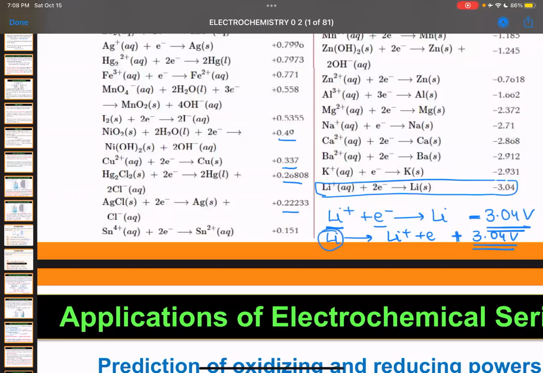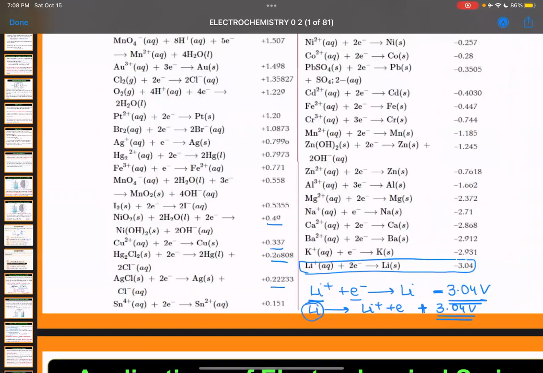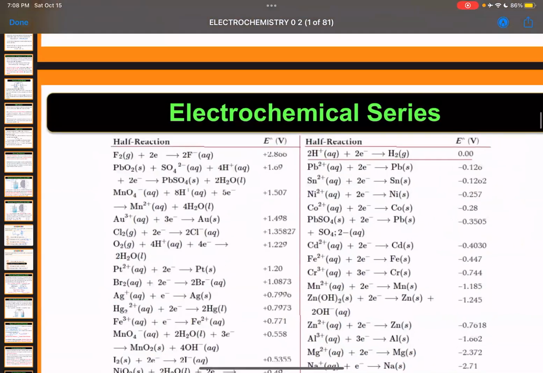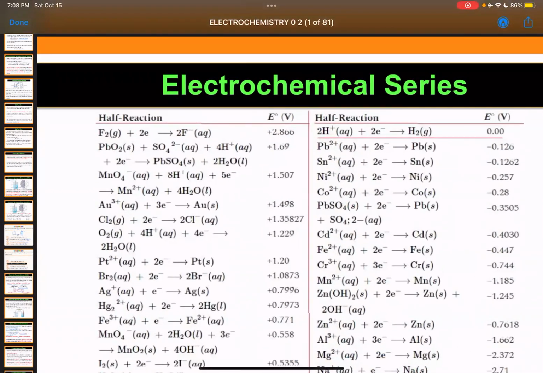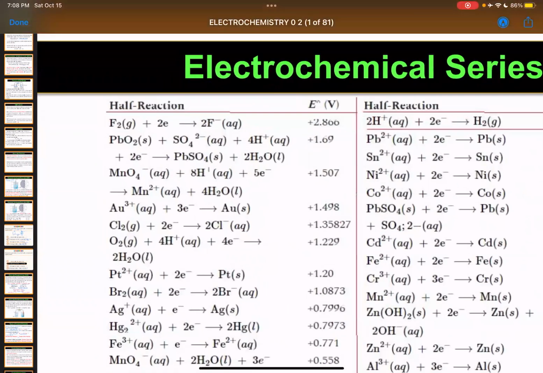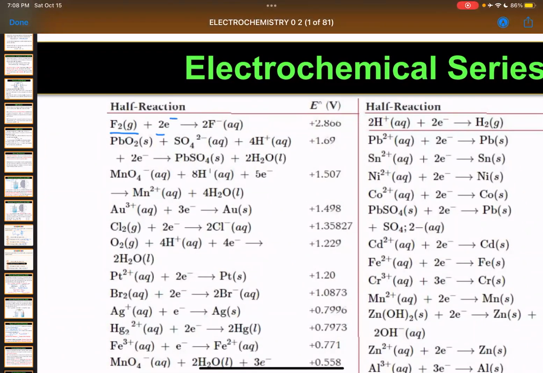And who is the best oxidizing agent? Tell me. Yeah, which one? Yeah, F2, fluorine, is the best oxidizing agent. It is the one which can accept electrons most easily. So the one having the highest electron accepting tendency will be the best oxidizing agent.